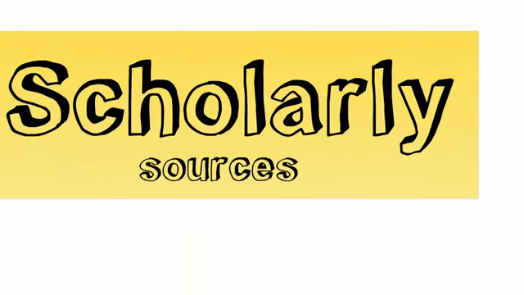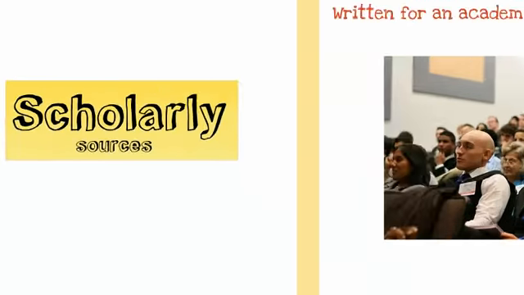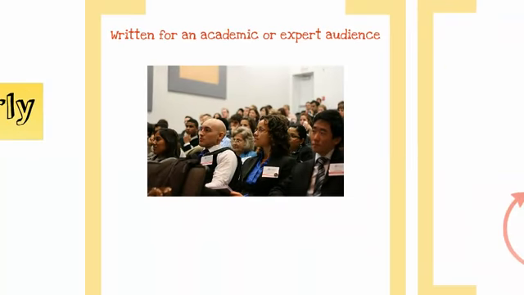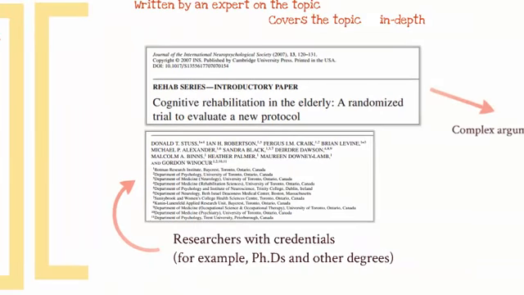Let's compare scholarly sources. They're written for an academic or expert audience. The author or authors are experts on the topic. They usually have credentials like PhDs or other degrees. They cover the topic in great detail, and they make complex arguments.